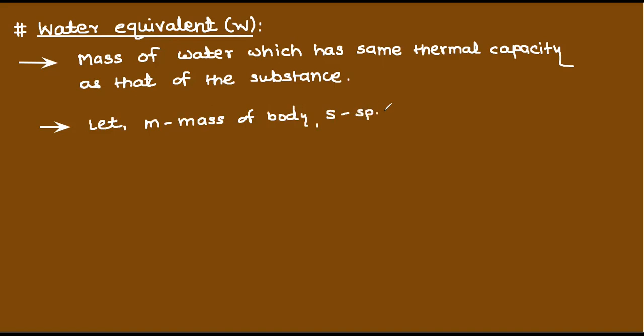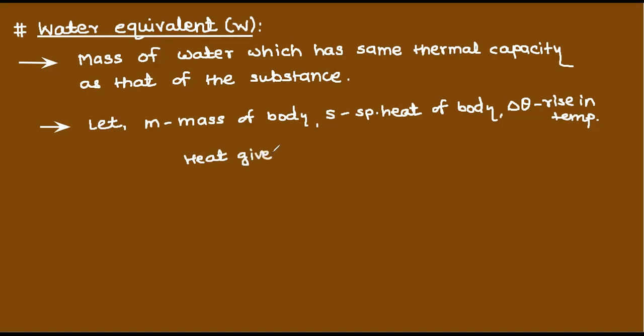S is what? Specific heat of body. And delta theta is what? Rise in temperature. Then heat given to a body. Who will tell me? Yes, see, what you are getting? Delta Q is equal to m s delta theta. We know. Let it be equation number 1.